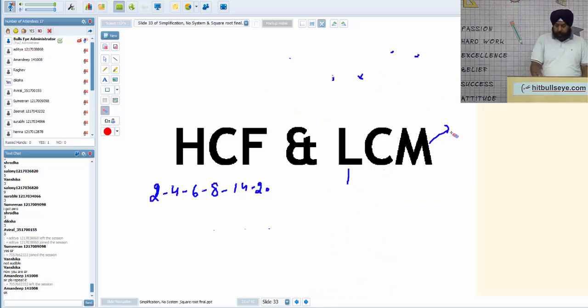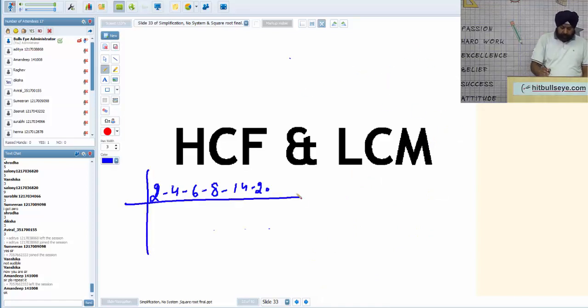Now, how to find it practically if the numbers are more? The basic method you should always understand is prime factorization. There are a lot of other shortcuts, but you should basically understand the prime factorization method. You should divide definitely by prime numbers, never by composite. If you divide by 4, 6, 8 or any composite, you may likely get a wrong answer. So first divide by 2.